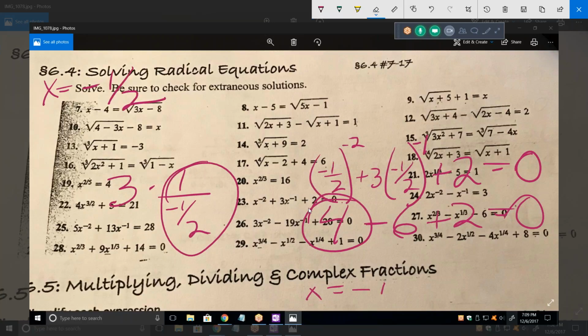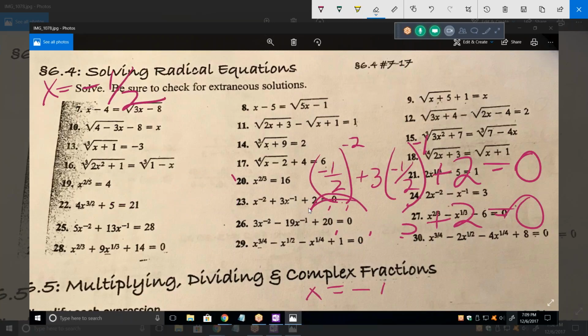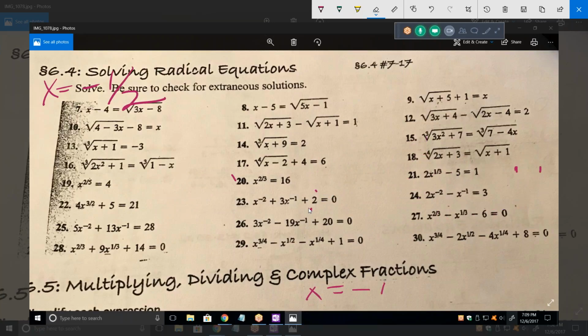Now let's try the other solution, which is x equal minus 1. This should actually be easier to do. But nonetheless, let's lay it out. This may be an extraneous solution. We don't know. So remember that's 1 over x squared.